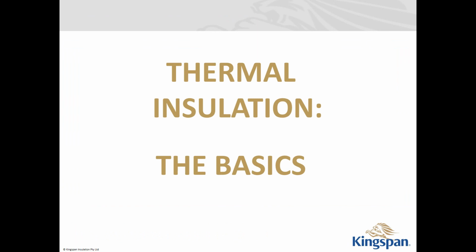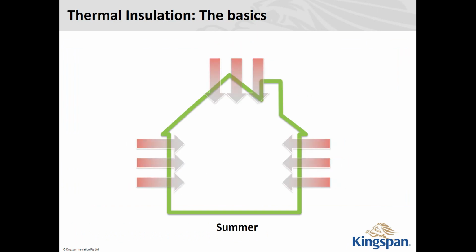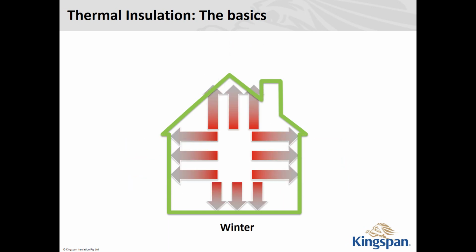So just to jump into the basics of insulation. Insulation will pretty much move in 3 ways, and you will get 2 types of heat gain. You'll get heat flow in, which comes in the summer, so the heat flow coming from the sun coming into the building, and that's either referred to as heat flow down or heat flow in. And then there's heat flow out, which is heat escaping the building.